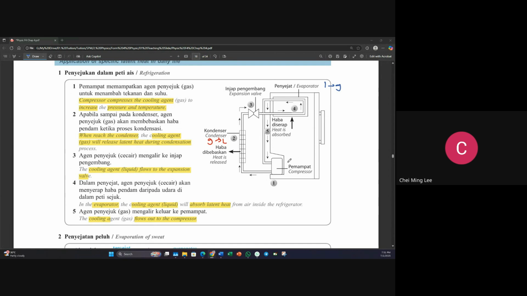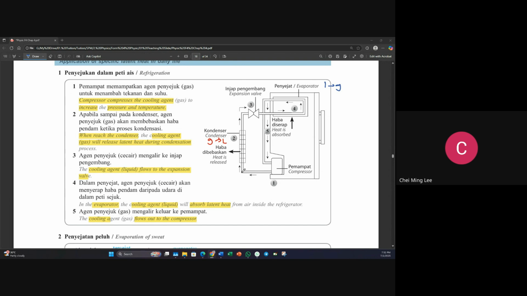First, the compressor will compress the cooling agent, which is a kind of gas. This is to increase the pressure and also the temperature of the cooling agent, and then it will be moved towards the expansion valve.